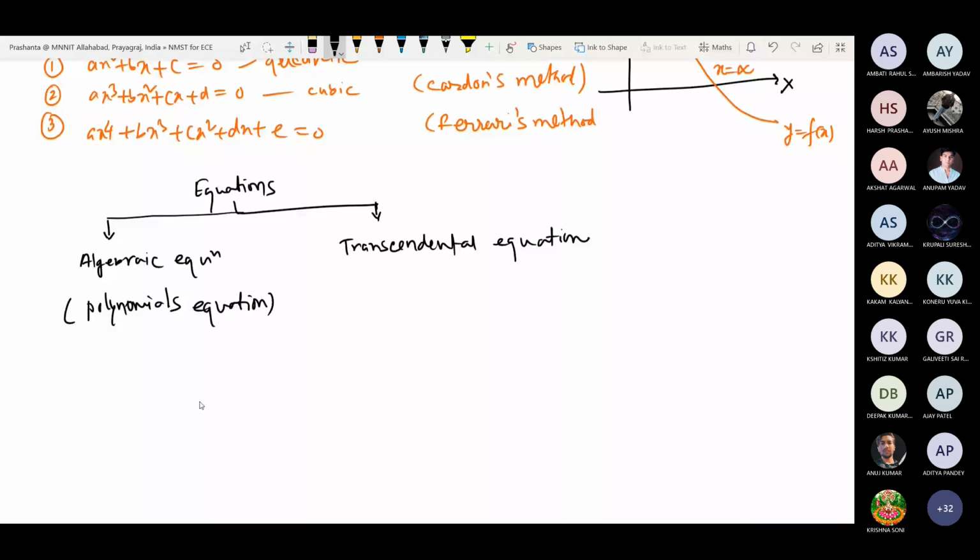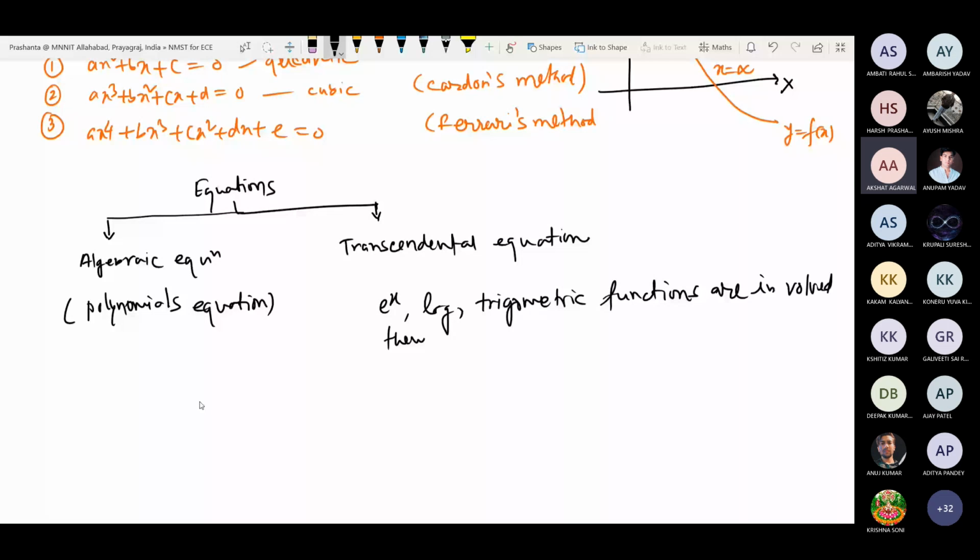So if exponential, logarithmic, or trigonometric functions, sine, cos, tan, are involved, it is transcendental.